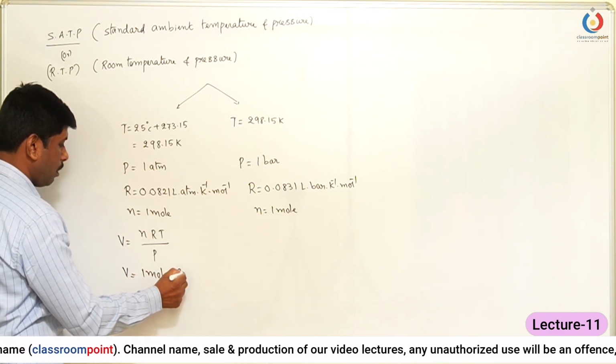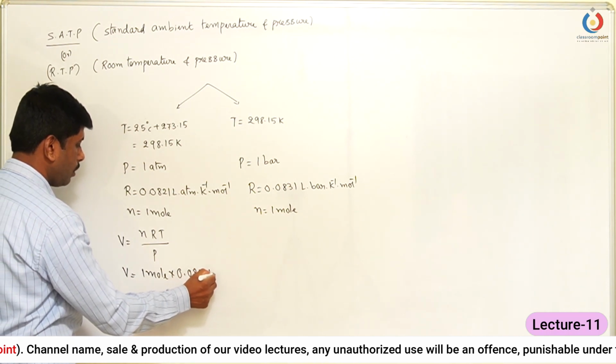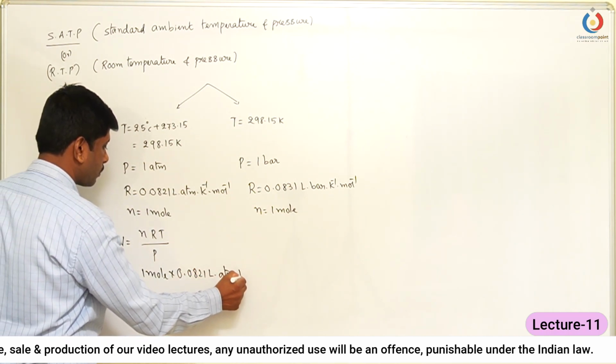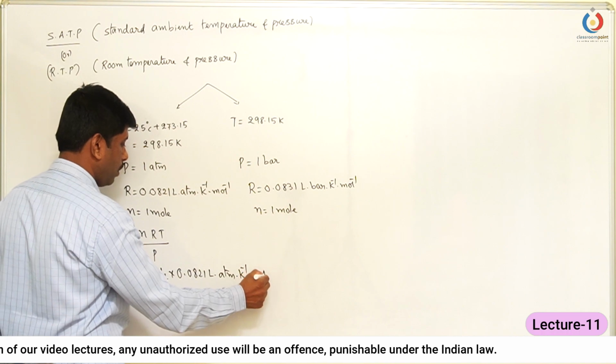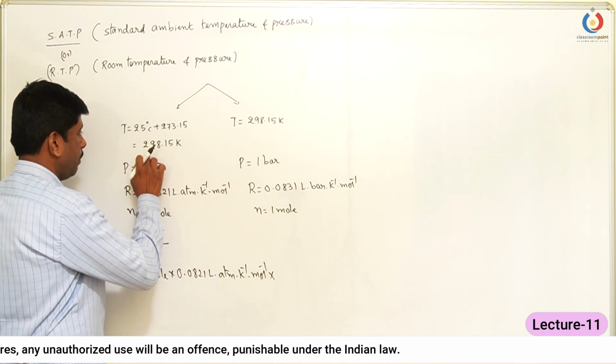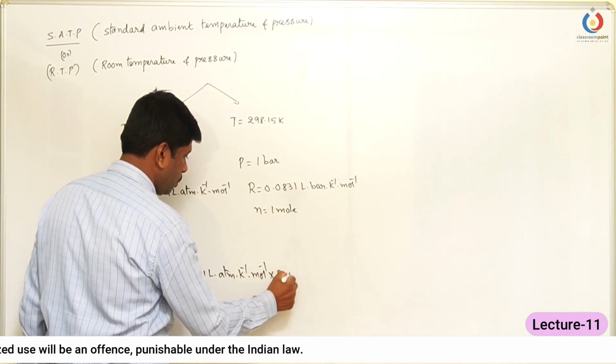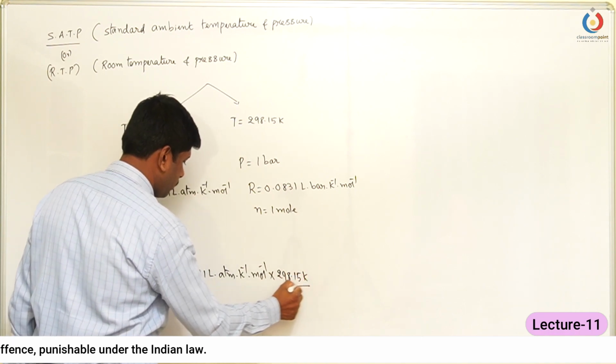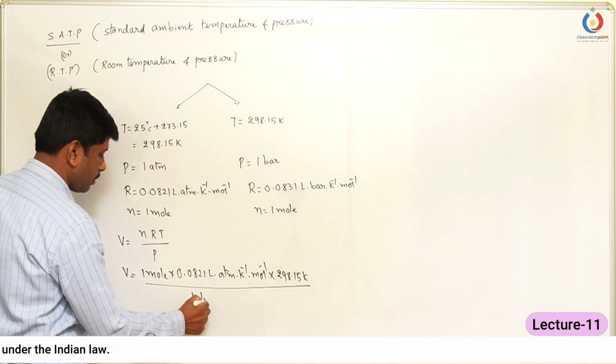Substitute these values: 1 mole, 0.0821 liter atmosphere per Kelvin per mole, temperature 298.15 kelvins, 1 atmosphere.